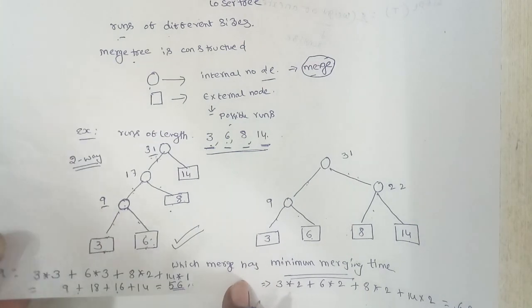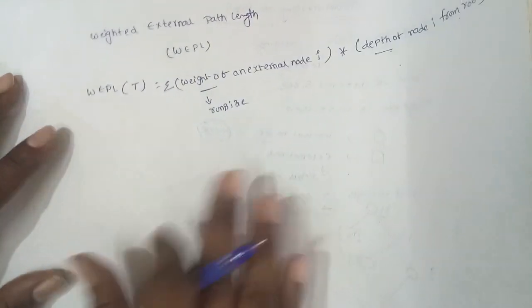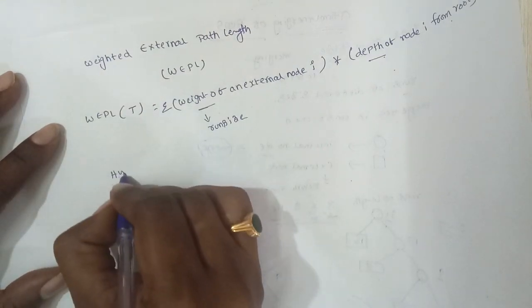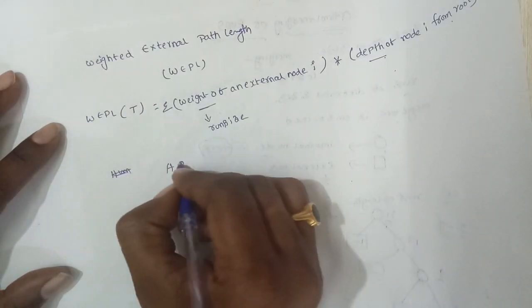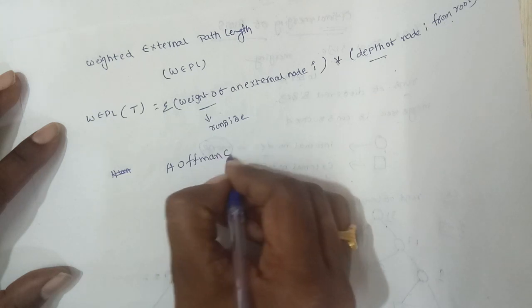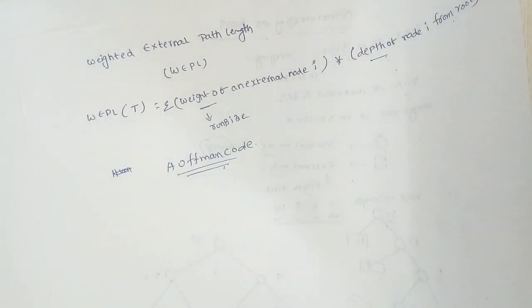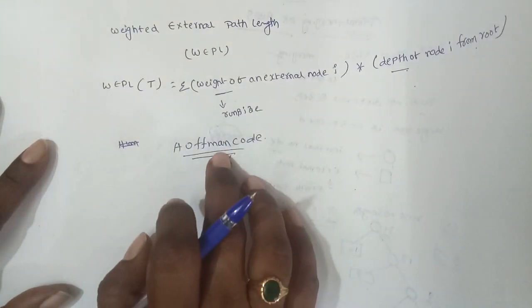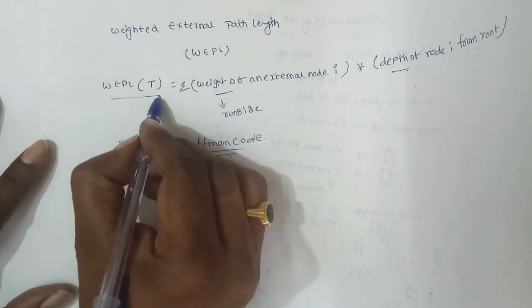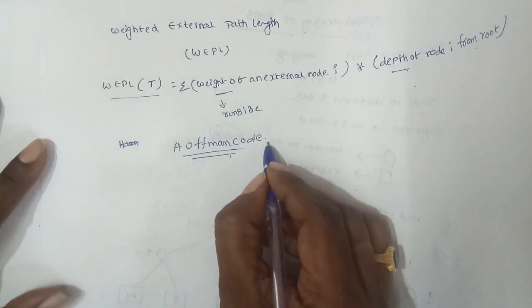optimal solution. For that purpose we are using Huffman code. Okay, that is, we are finding a binary tree with the minimum merging time, that is, with the minimum WPL, by using Huffman code.